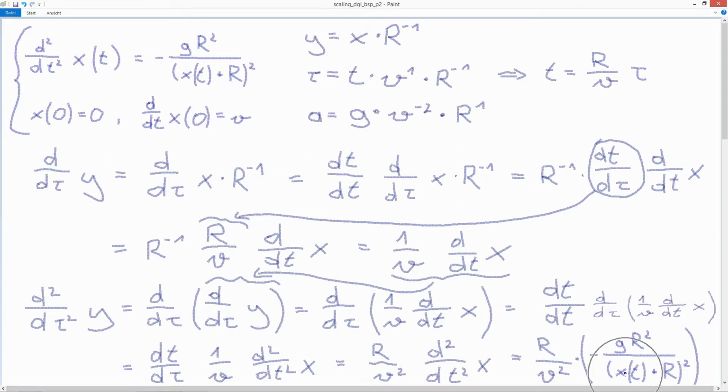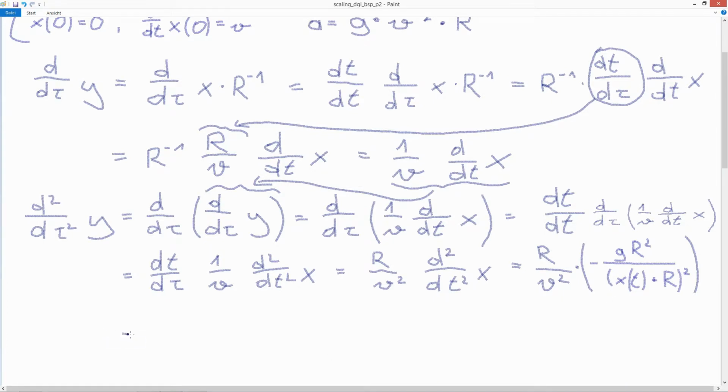So now we have to get rid of this x here and replace it somehow with y. But this is pretty easy because we already know from this relation here that x is equal to r times y. So we can just insert this here for x, and we will get this minus, we will write here.